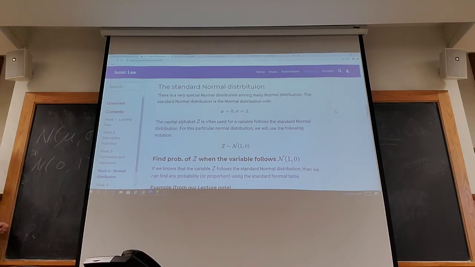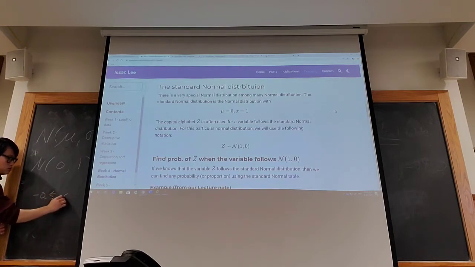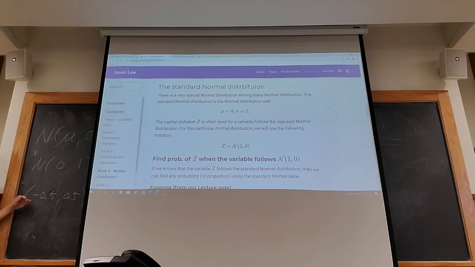But what if I want to calculate the percentage like -0.5 to 0.5? We cannot calculate this one using the rule, right? But the standard normal distribution is so special because we can calculate this one using a table.